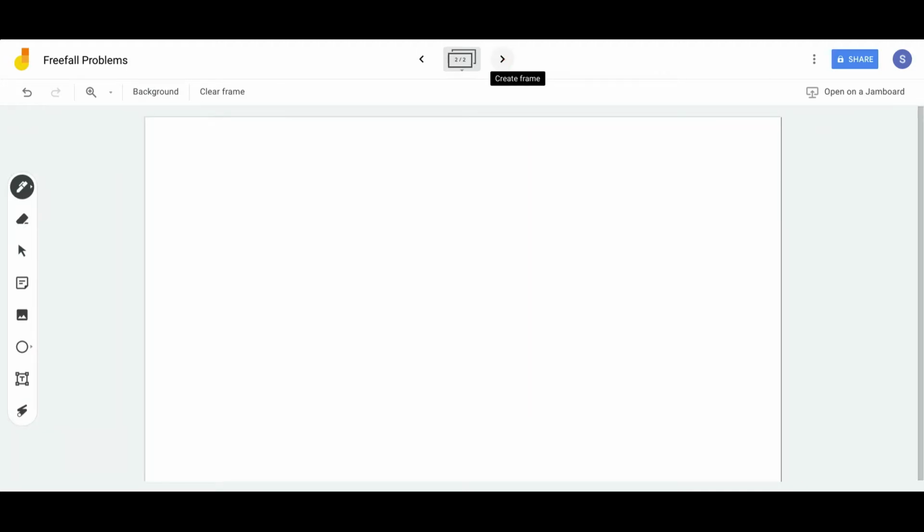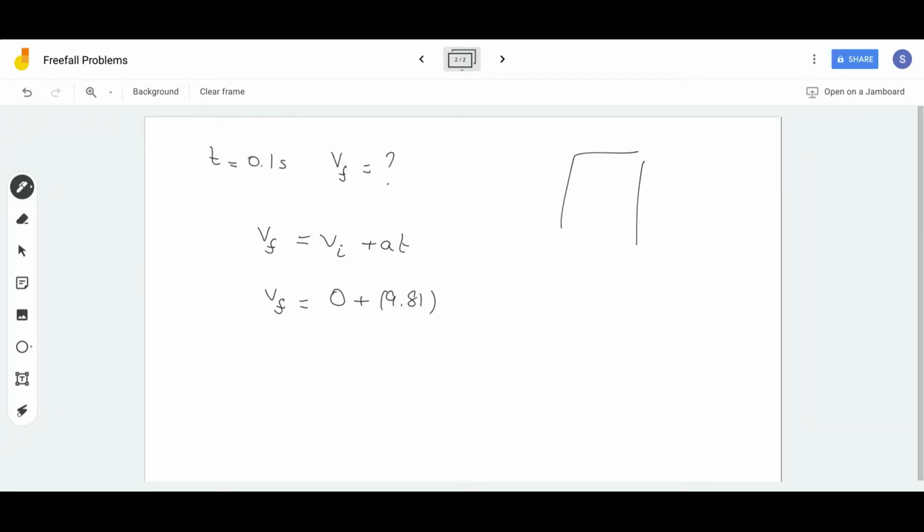So what I was talking about earlier is that you can say, let's say t is equal to 0.1 seconds. What is vf going to be at this point? You can plug your numbers into this equation. Vf is equal to vi plus at. Vf is something we are looking for. Vi was 0 plus 9.81, because, again, if this is our building, this is the ball that's being dropped, it's moving vertically downwards.